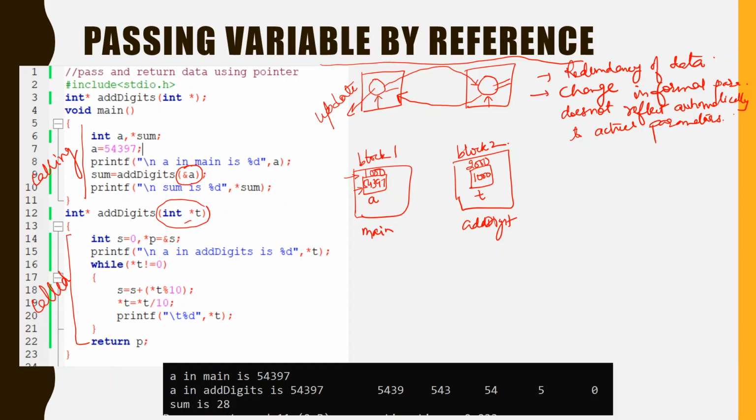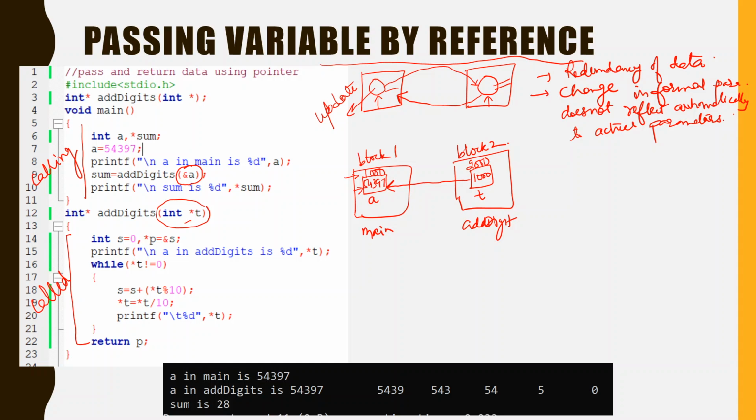As soon as this address is assigned here, it starts pointing to the location in another block. I have told you previously that two blocks of memory can't communicate directly. The variables declared in one block are completely different from the same-name variables in block 2.